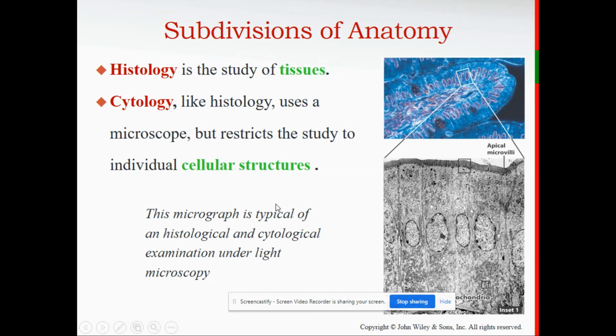Histology is the study of tissues, and cytology is the study of cells. Here shortly, we'll talk about the structural levels of organization, in which these two are definitely in those categories. So cytology is the study of cells, and as we know from the structural level of organization, cells make up tissues, and the study of tissues is histology.